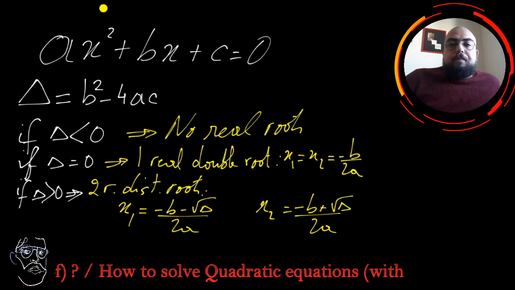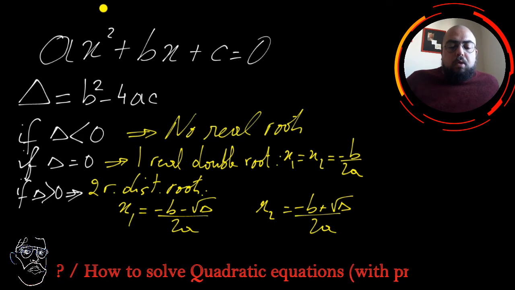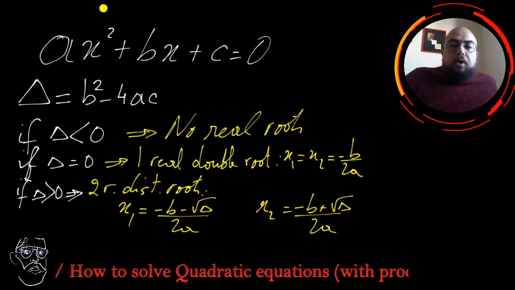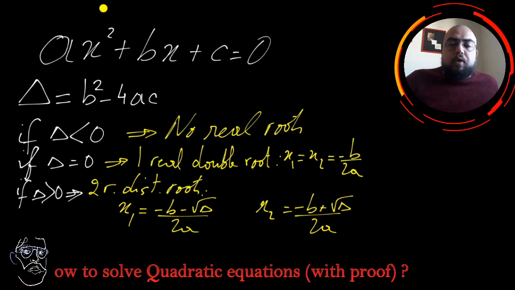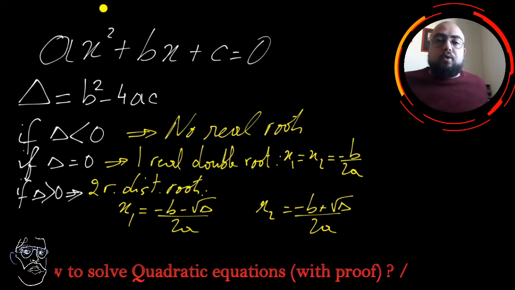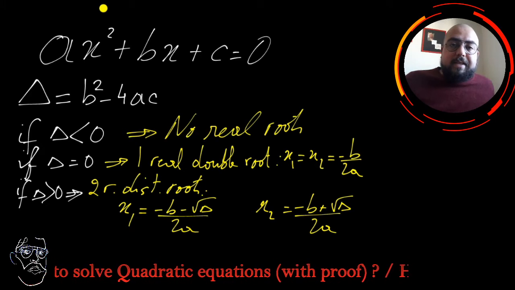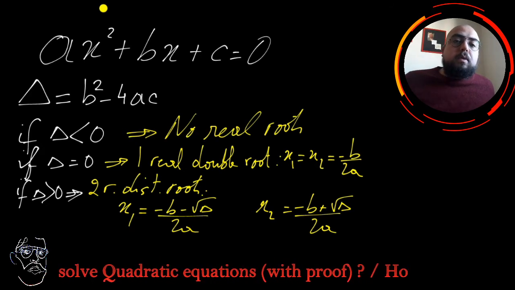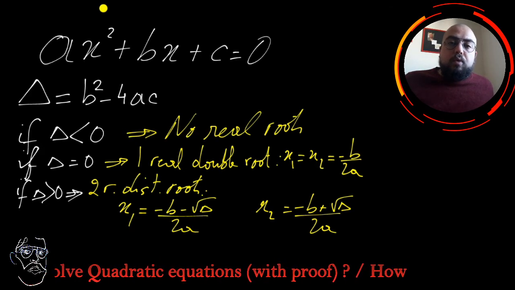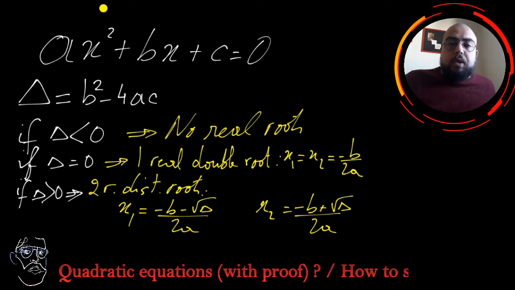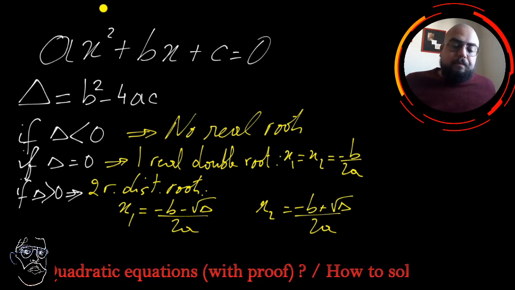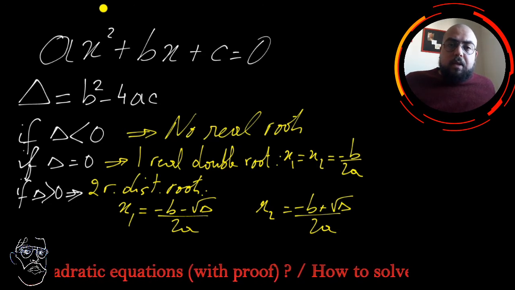This is the whole summary of the complete form of the quadratic equation. Whenever you have the complete form, calculate delta and check its sign. Negative, no real roots. Positive, two distinct roots x1, x2. And if delta is equal to 0, one real double root. Let's take some examples.